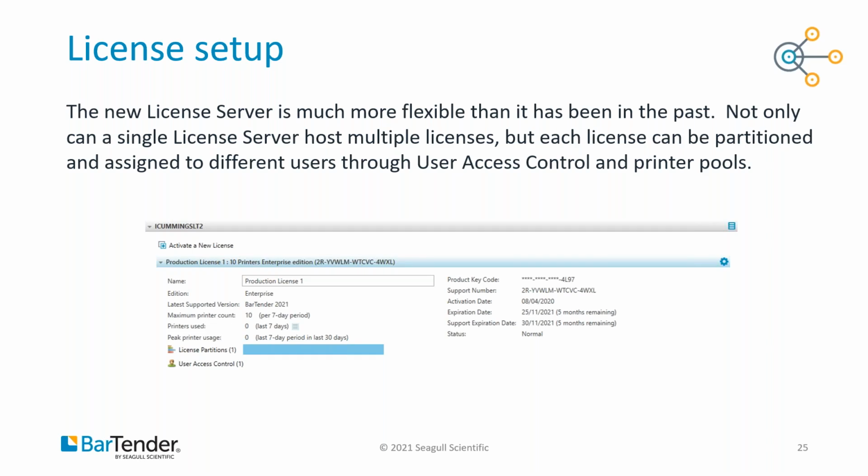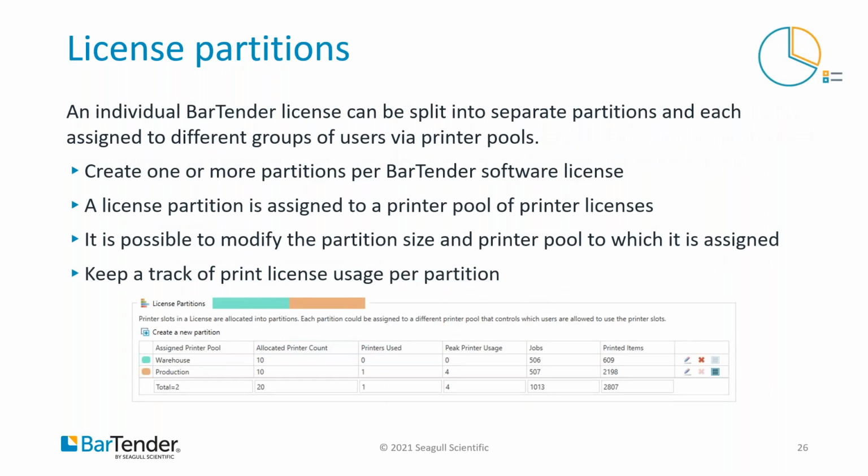You also notice that I can set license partitions and user access control for administering this particular license. In terms of license partitions, an individual BarTender license can be set or split into separate partitions, different segments, and it can be assigned to different groups of users through the use of printer pools, which we'll come on to in the next slide.